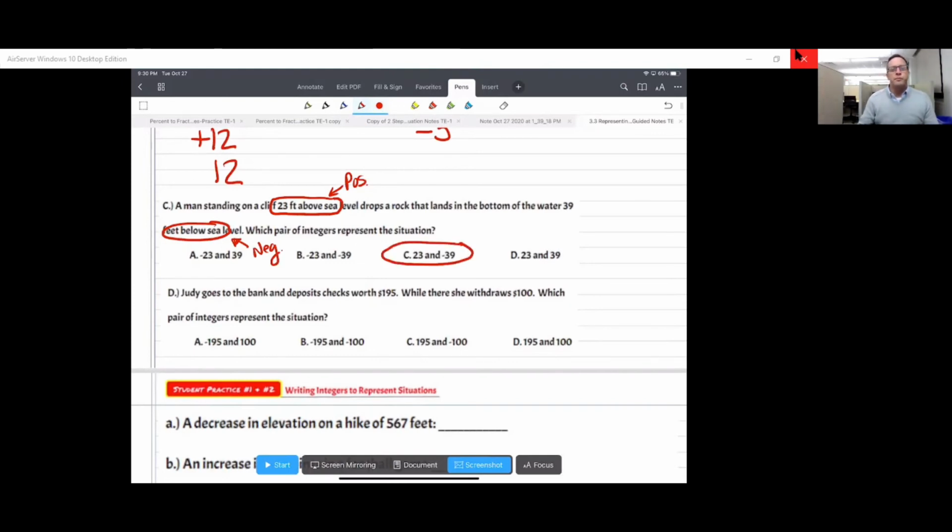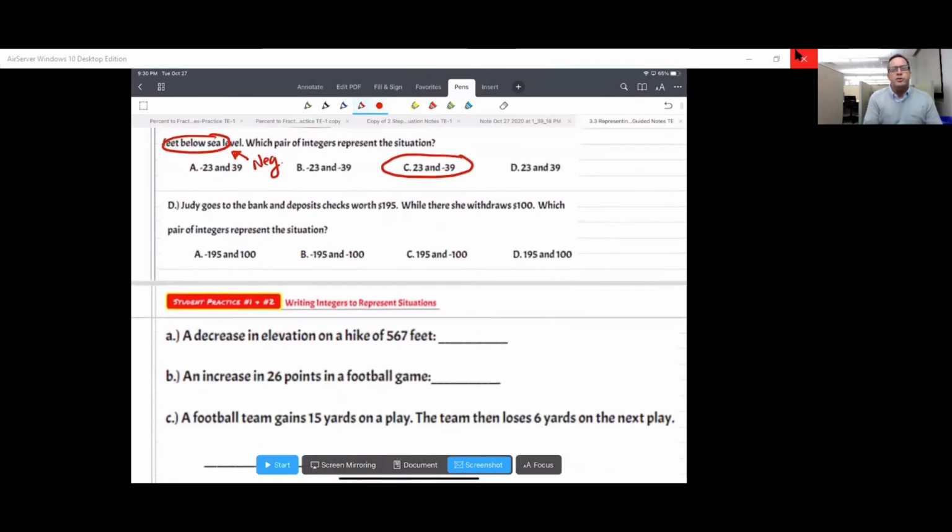So there you go. On the next example here, it says Judy goes to the bank and deposits. And again, that's a word that we were talking about earlier. Deposits checks worth $195 while she withdraws $100. All right, so a deposit, and this is where it's good to know the meaning of these things, but a deposit is definitely going to be a positive because you're putting money into your account.